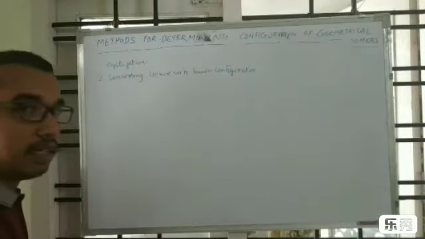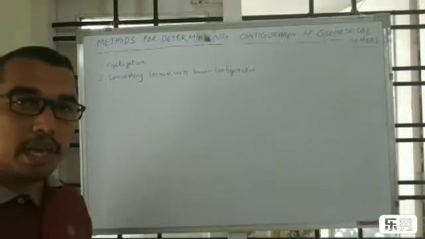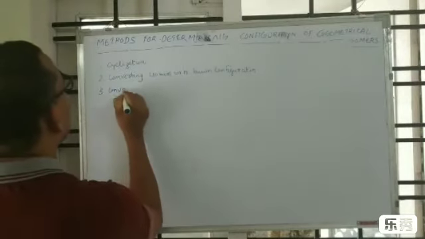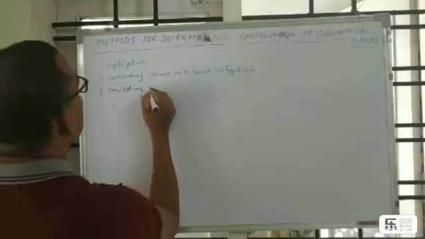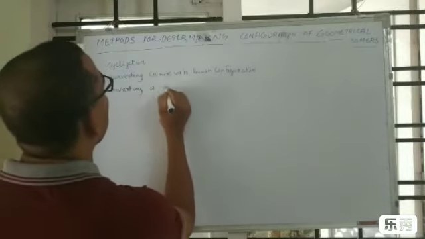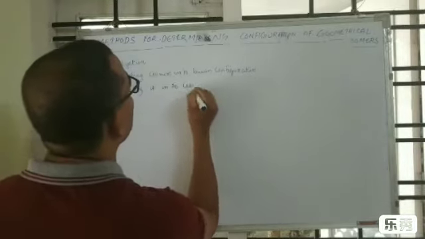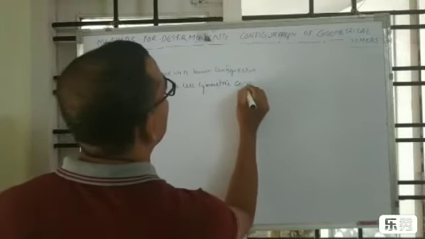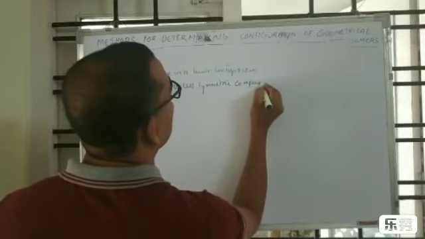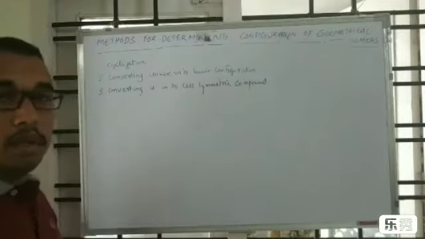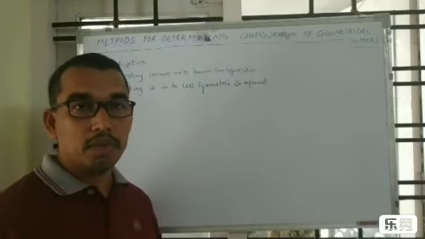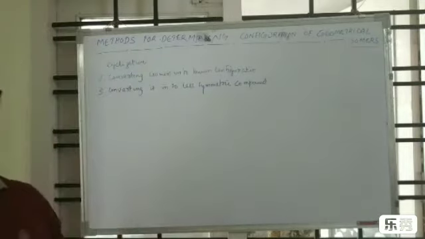Then third method is converting it into less symmetric compounds. Geometrical isomers can be converted into compounds of less symmetry.